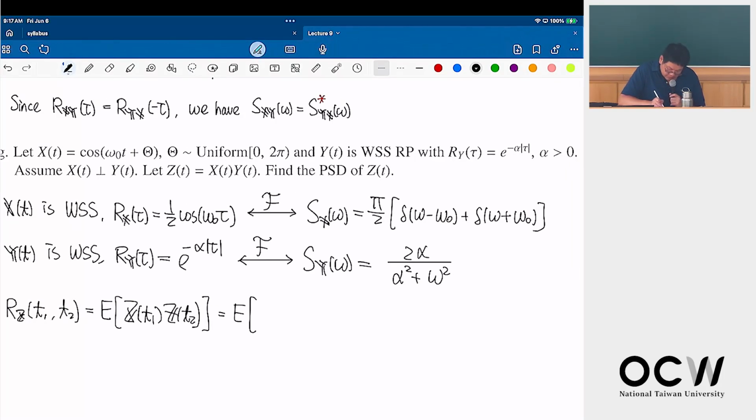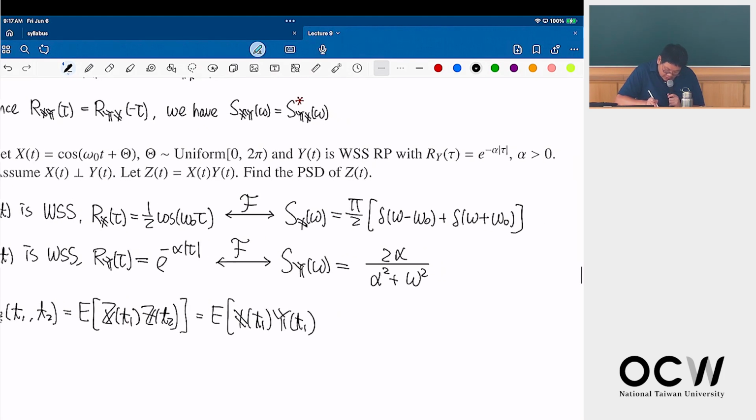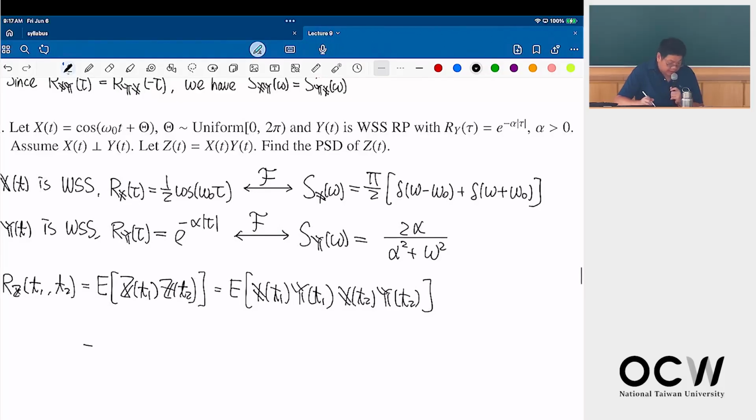So z1 is x(t1) y(t1), and z2 is x(t2) y(t2). Remember, x and y are independent. That means I can put x in one part, and y in the other part.